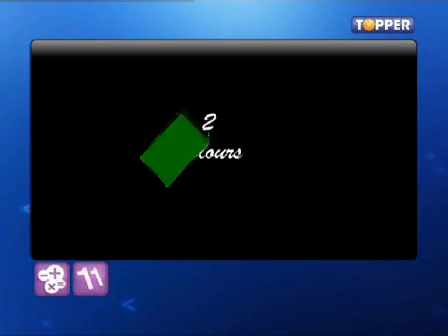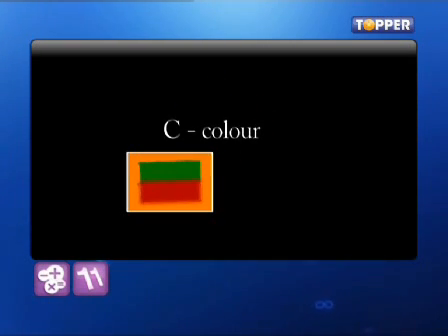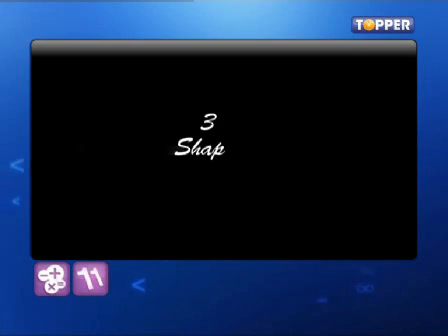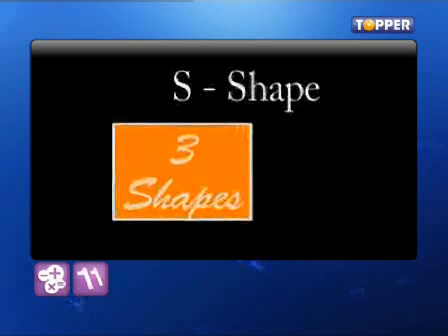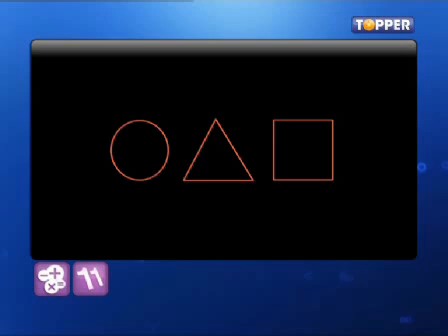Notice 2 things. First, there are only 2 colors, green and red, and we can put them into a set C, C for color. Second, there are 3 basic shapes, which we can put into a set S, S for shapes. They are circle, triangle, square.